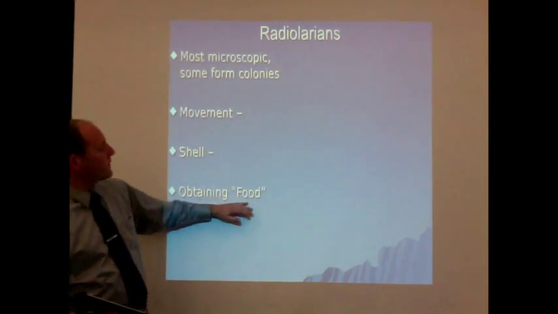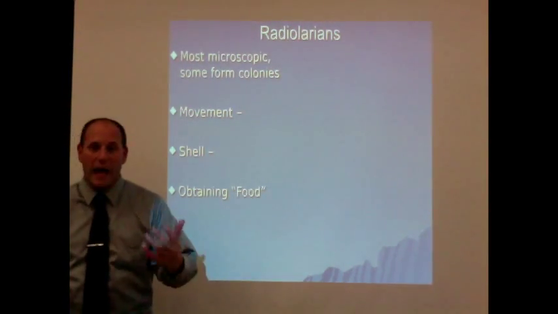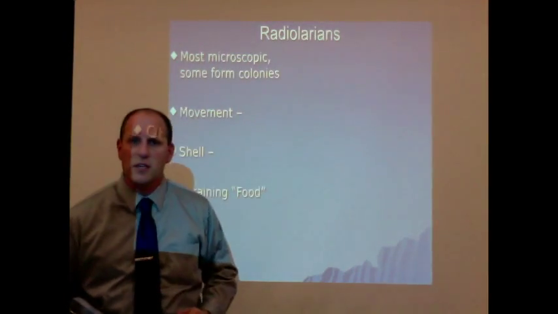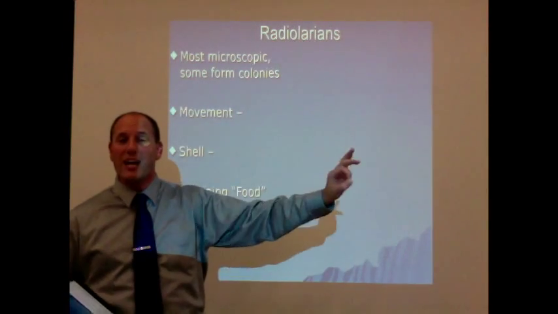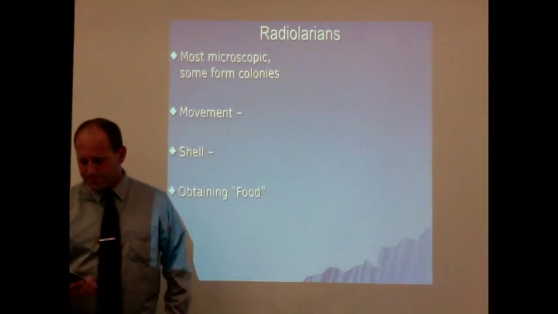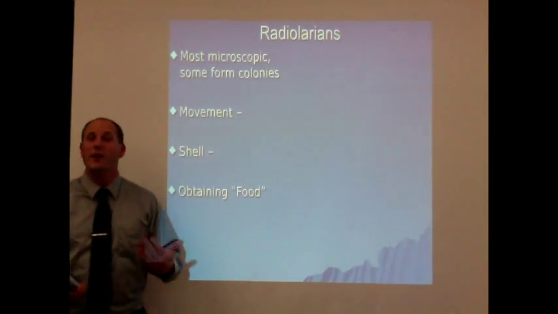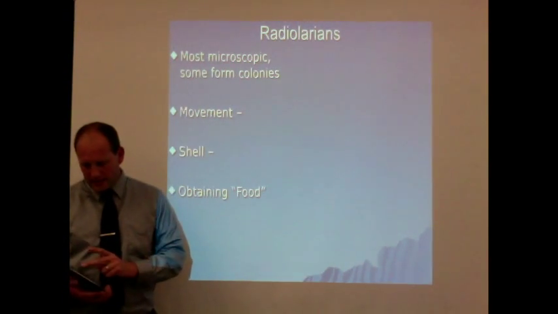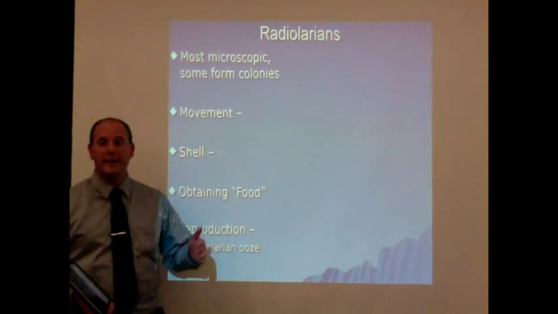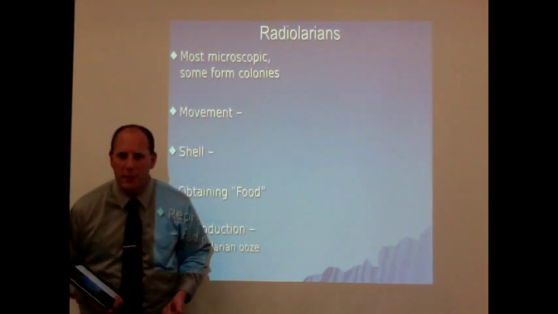For how these organisms obtain food, they capture it using the pseudopodia that they use for movement, those thin needle-like projections of that cytoplasm. They are then heterotrophic. These guys do not do photosynthesis. And the last part here is reproduction. Again, it is that mitosis, asexual reproduction.